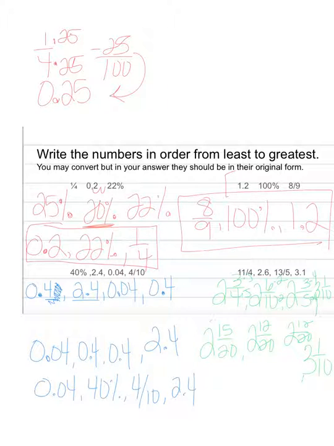So I see that my 2 12/20ths are going to be my least, and then 15/20ths, and then the 3 1/10. So my 2 12/20ths go with my 2.6 and my 13/5. So 2.6, 13/5, and then 11/4, and then the 3.1.